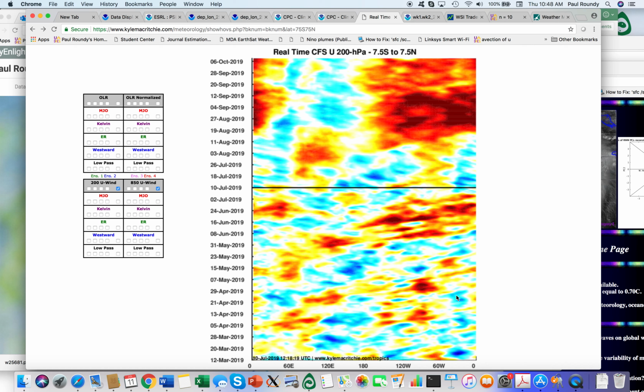Now, superimposed on this general signal of increasing these westerlies is fluctuation between easterlies and westerlies in these west to east moving regions. These are the MJO events as they express in the upper tropospheric zonal wind.